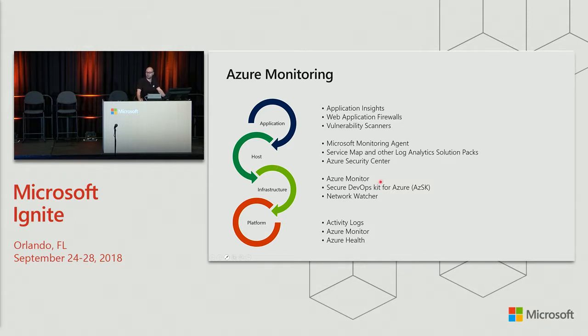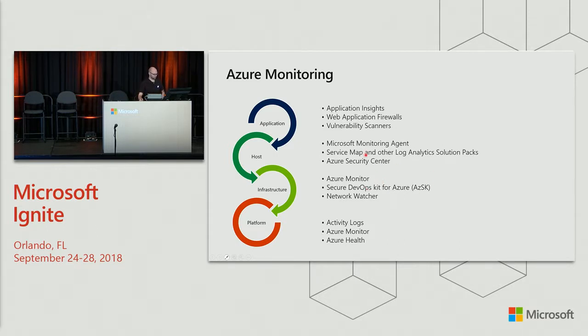If we have some additional Azure infrastructure related needs, for example, that I just briefly mentioned before, the Azure Security DevOps Kit for Azure, AZSK. It's a tool that you can use to scan for vulnerabilities of your Azure infrastructure. It tells you whether or not your Azure resources are properly configured from the security point of view. That again generates some kind of noise, some kind of data. Where do you put it? Again, log analytics.